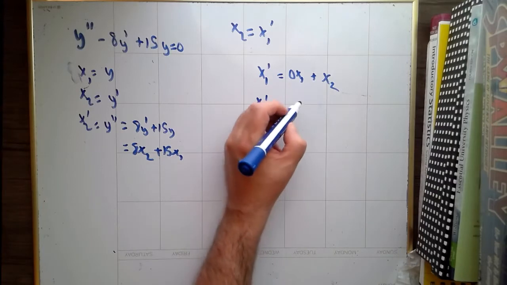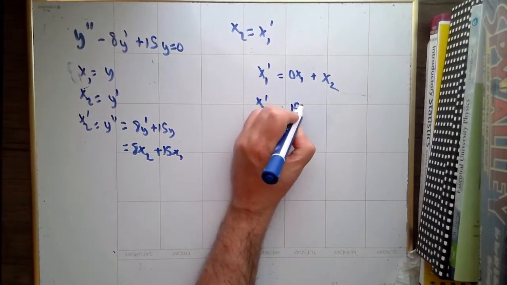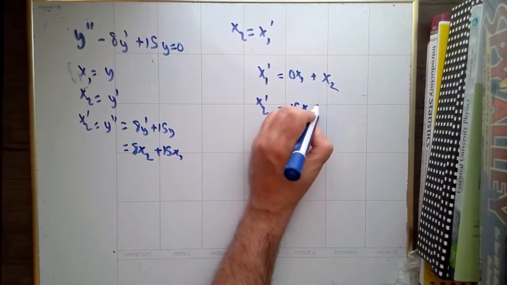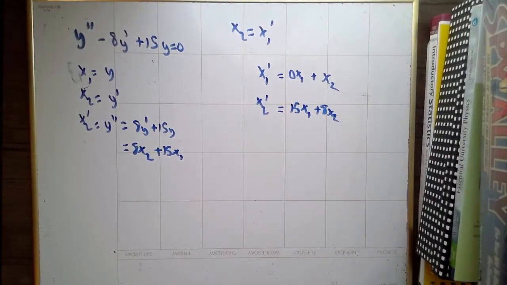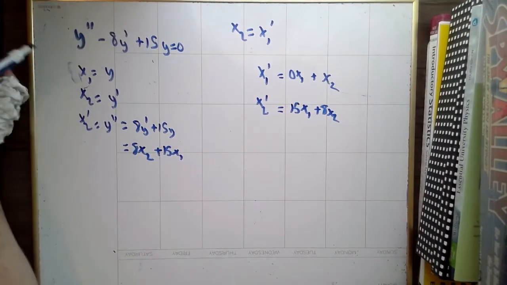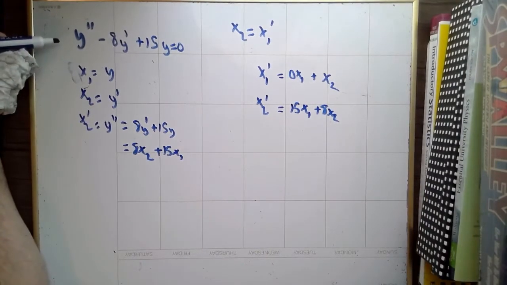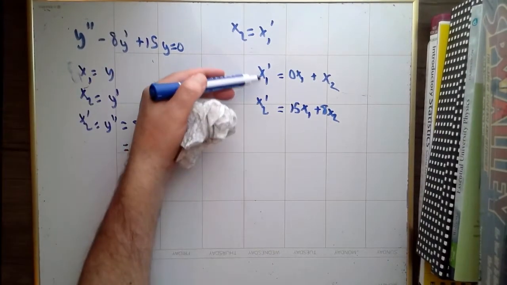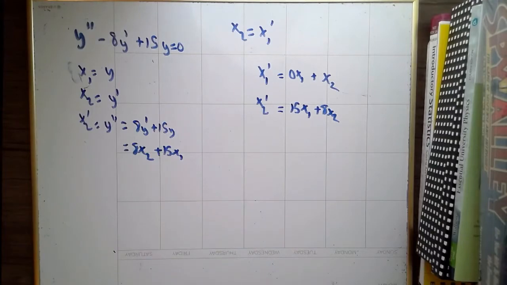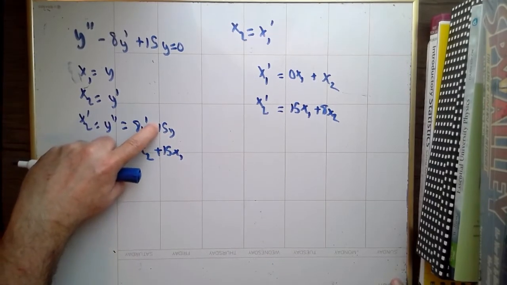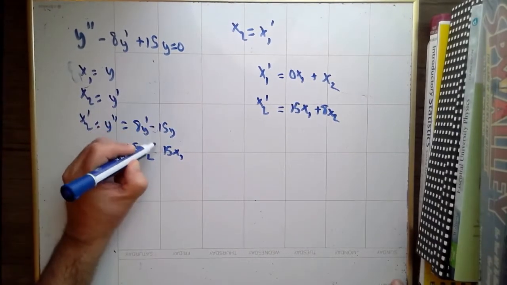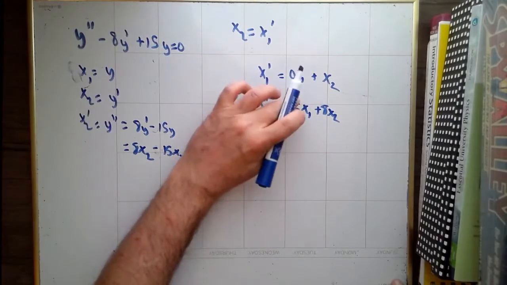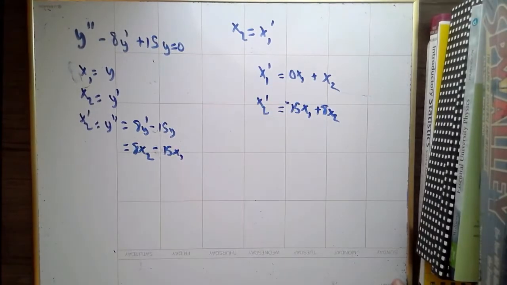So I want to keep things in the proper order here. I'm going to call this 15x1 plus 8x2. So now we've turned this second order single DE into a system of first order DEs. And I think I have a wrong sign here. These guys should have opposite signs. I think I need a minus here, right? If I move all that to the other side. So that should be a minus.